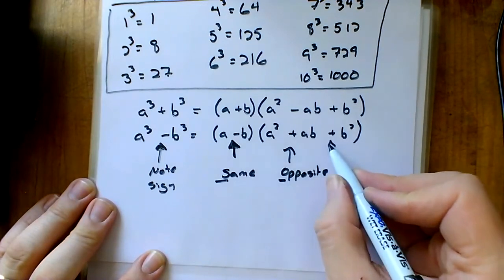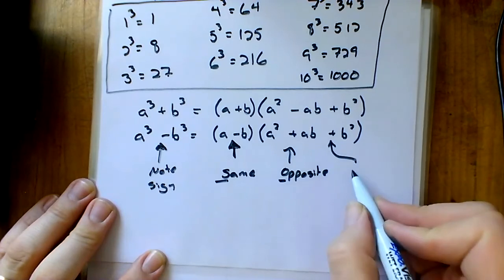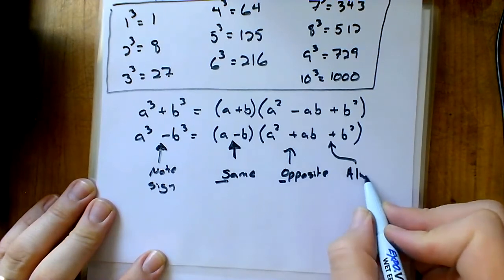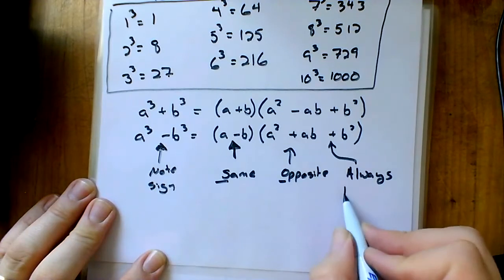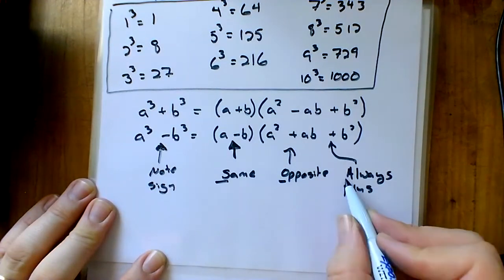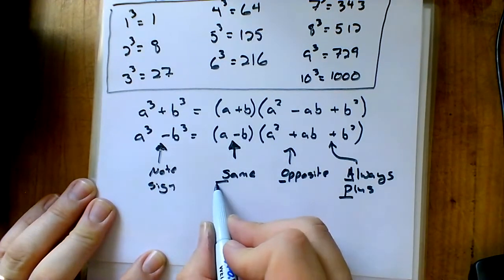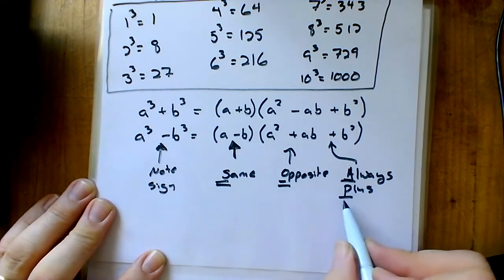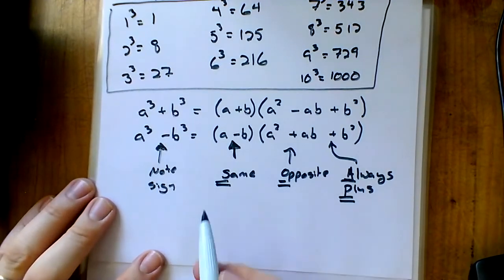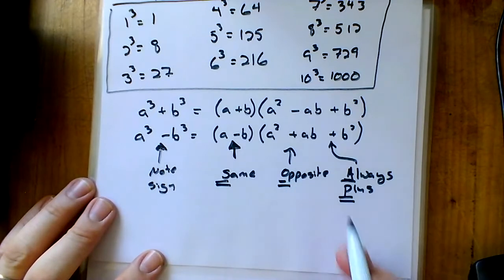And this last one is always a plus. So when you're doing this, we are going to use SOAP: same, opposite, always plus.